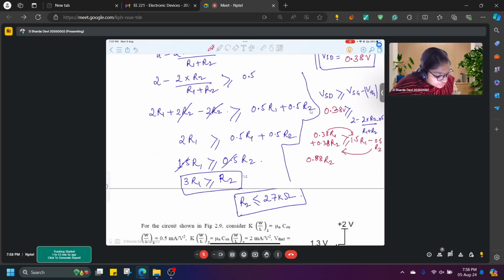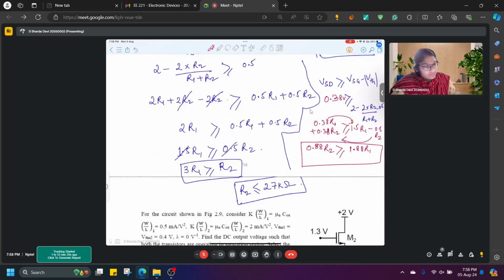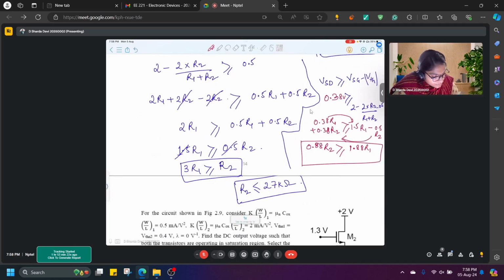0.88 R2 should be greater than or equal to 1.88 R1. Okay. So R2 should be greater than or equal to 1.88 upon 0.88 R1.